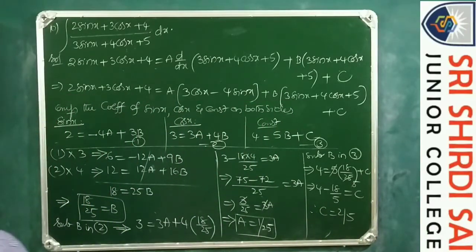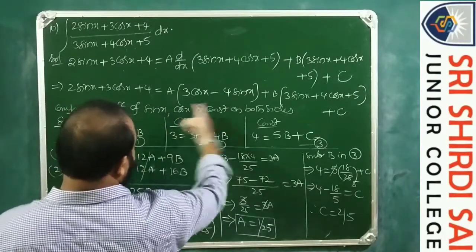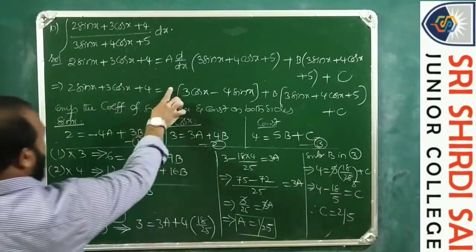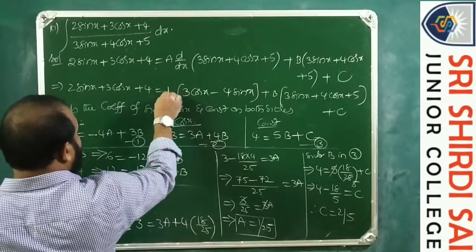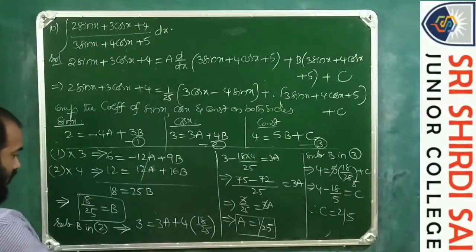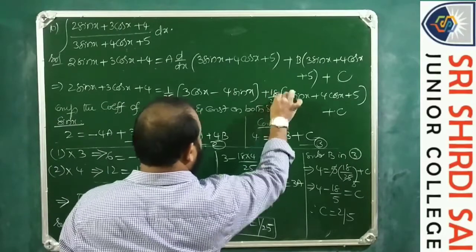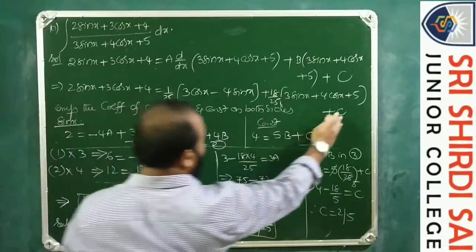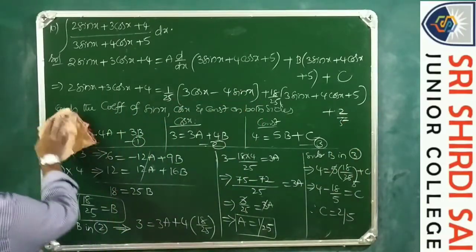So therefore, let us substitute in this. The value of A we got to be 1 by 25, B we got to be 18 by 25, and C we got to be 2 by 5.